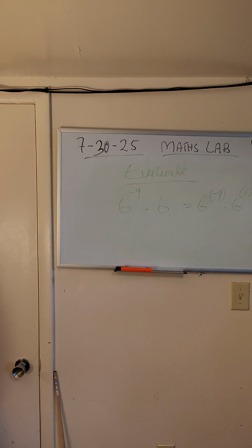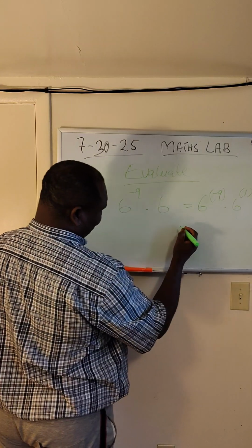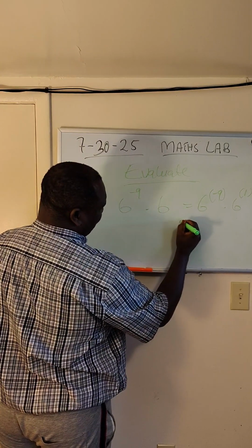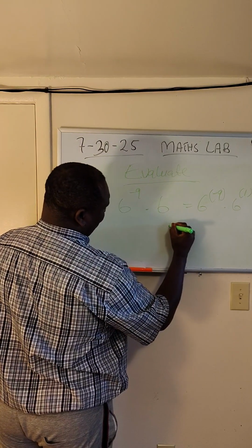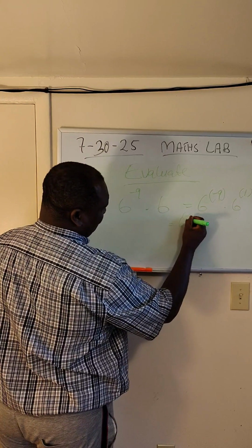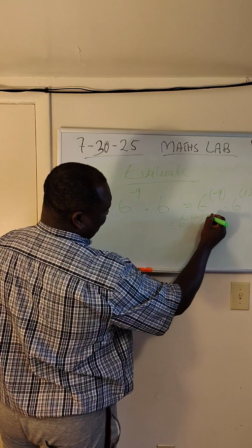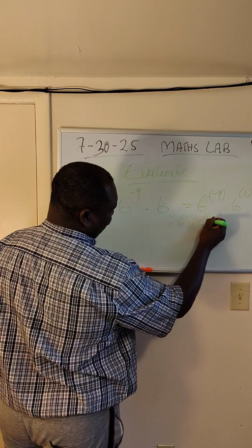So when we do that, let me write the whole thing right here. It equals 6 raised to the power of -9 multiplied by 6 raised to the power of 1.